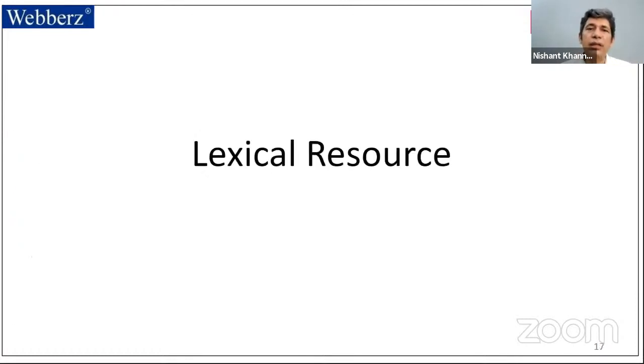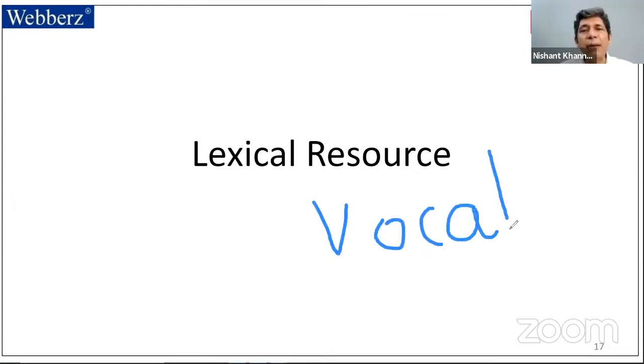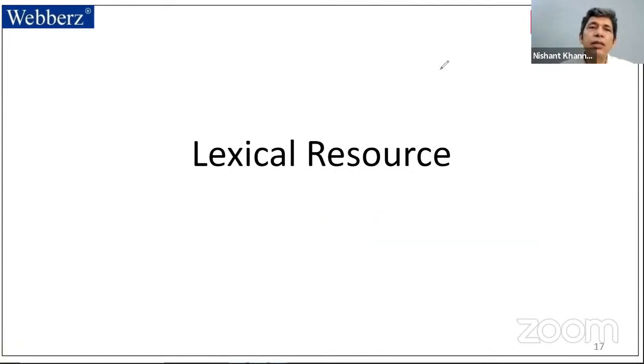Now, let us talk about the next thing called lexical resource. What is the meaning of lexical resource? It's a fancy word, and it actually means vocabulary. The vocab that you use is called lexical resource. So when do you actually get a 9 band in lexical resource?